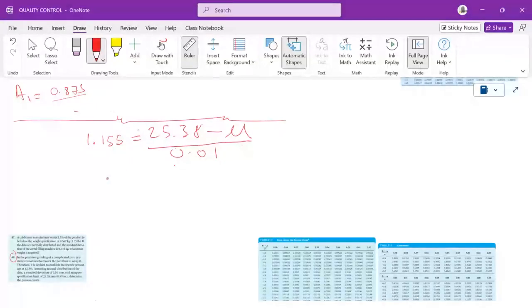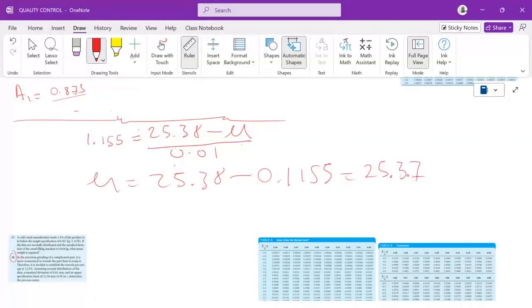So my mu is equal to 25.38 minus 0.0115, which is equal to 25.38 minus my answer, and my value is 25.37.